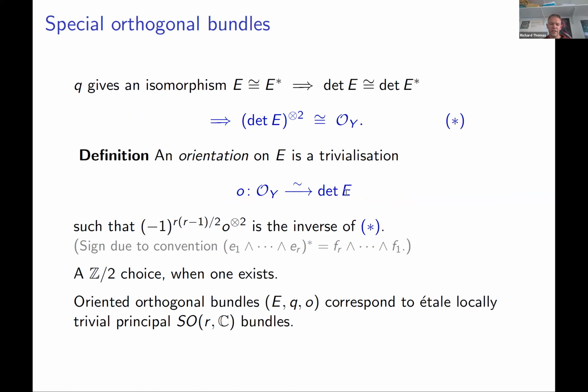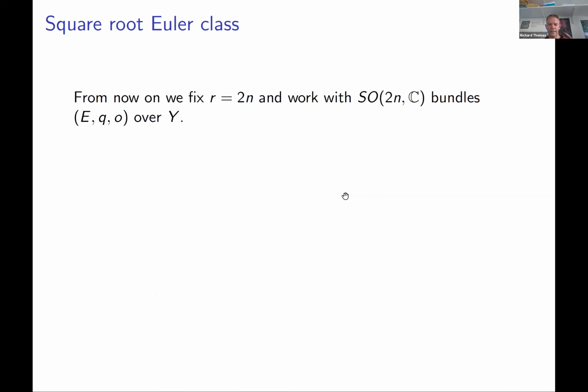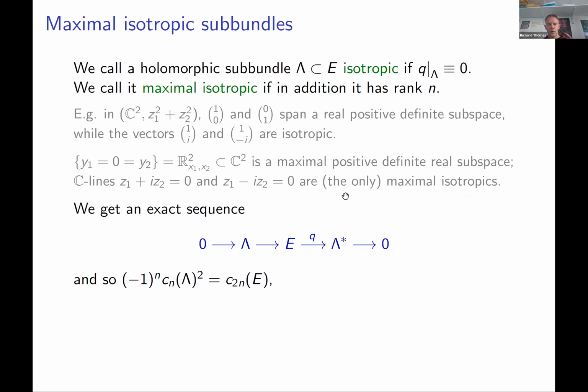So an orientation in this complex sense is equivalent to a real orientation on E sub R, the real part of E. What that has to do with lambda, I have not said yet, and it's important that I haven't. You shouldn't think of the orientation on E as being anything to do with orientations on lambda yet.